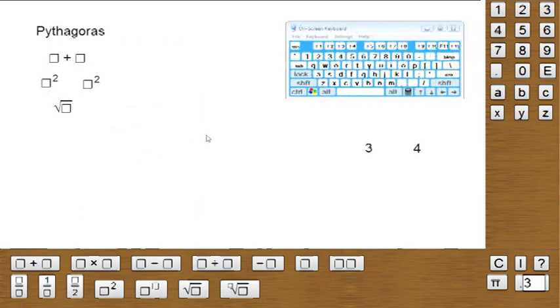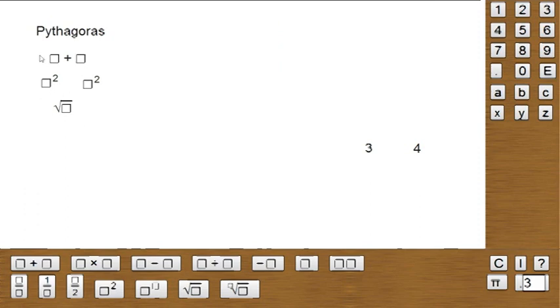We'll find a hypotenuse function using Pythagoras. We'll need an addition function, 2 squaring functions, and a square root function. Bring out the addition function. Drag a squaring function into each of its variables.